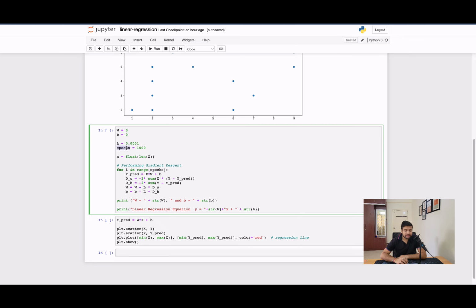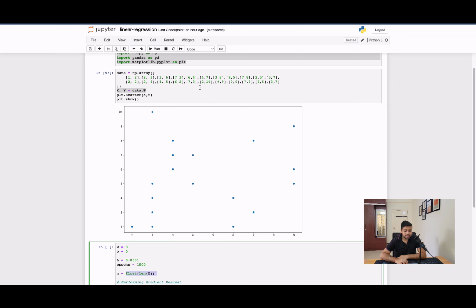Epoch is a very common term used in deep learning. It is the total number of iterations that your model will make over the entire training sample. I have chosen epoch as 1000 iterations, and n is the number of points that I have, so this is the number of coordinates that we have.